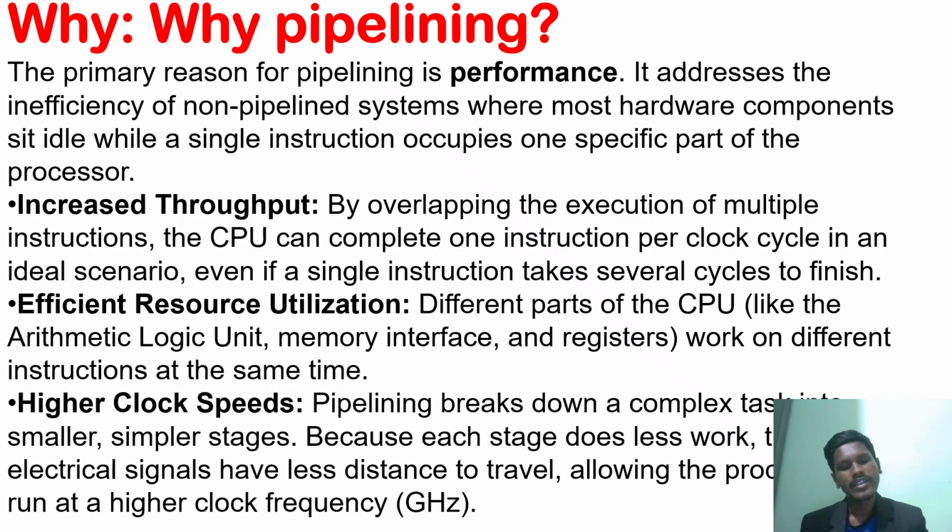It also allows a higher clock speed. Pipelining breaks down a complex task into smaller, simpler stages, because each stage does less work. The electrical signals have less distance to travel, allowing the processor to run at a higher clock frequency.